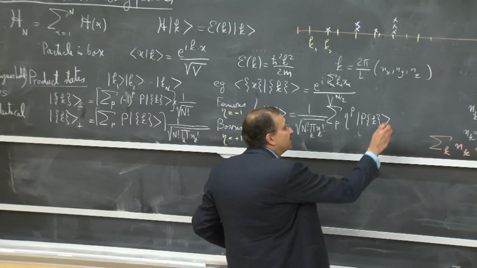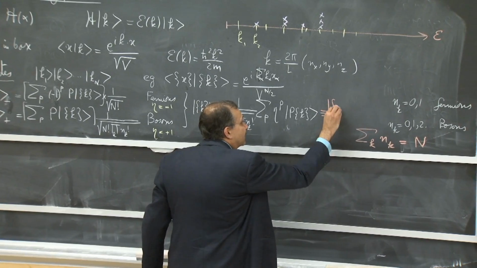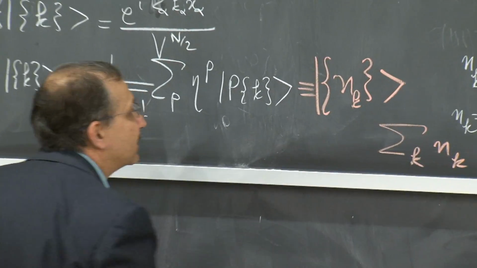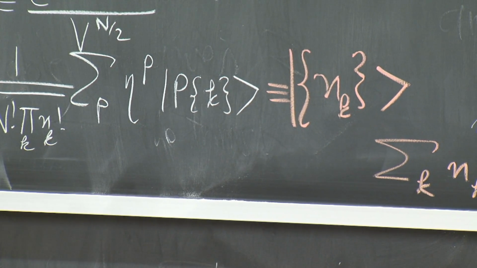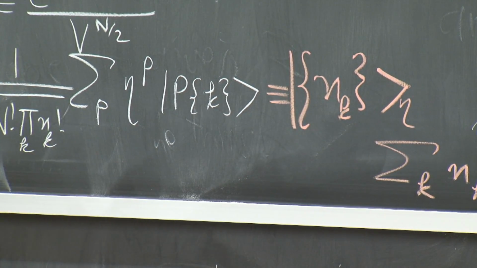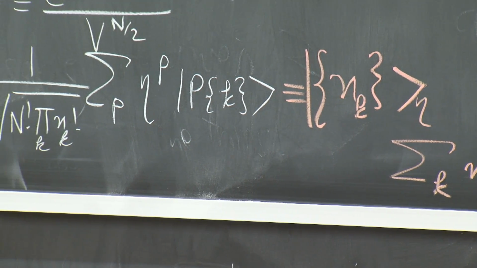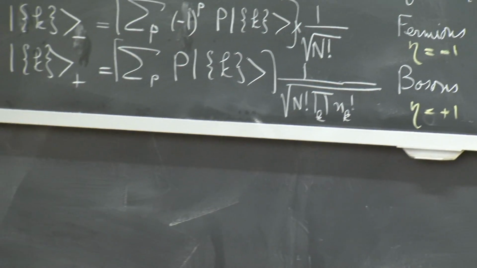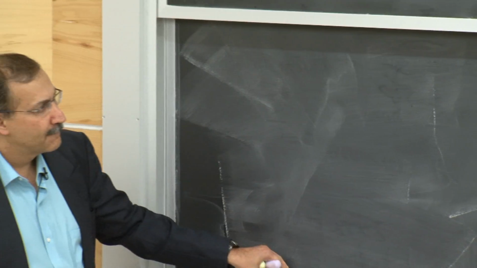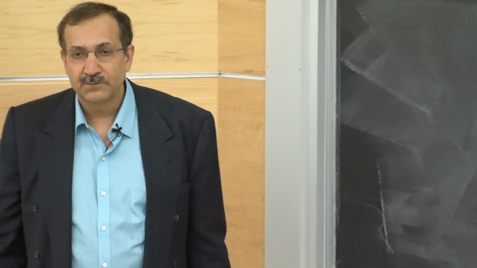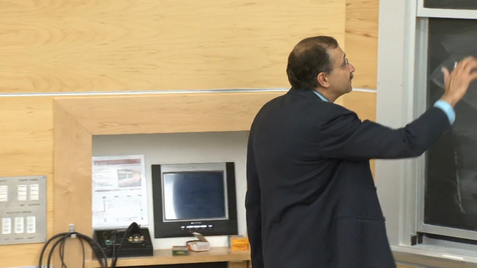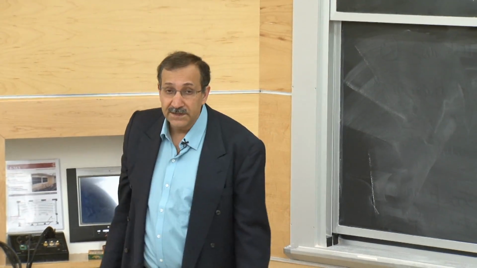So it is possible to actually label the state, rather than by the set of k's, by the set of n_k's. It is a more appropriate way of representing the system. Okay? So that's essentially the kinds of states that we are going to be using, again, in talking about identical particles, which could be either bosons or fermions.